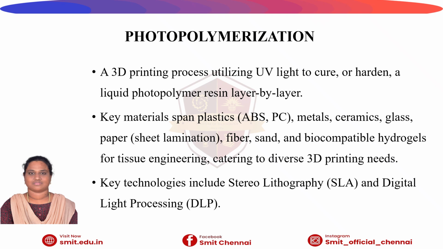When UV light strikes the resin, a chemical reaction occurs that converts the liquid into a solid precisely where the light is applied. 3D printing materials include polymers, photopolymers, metals, ceramics, paper, composites, sand, and biocompatible hydrogels, enabling applications from rapid prototyping to medical and industrial manufacturing.